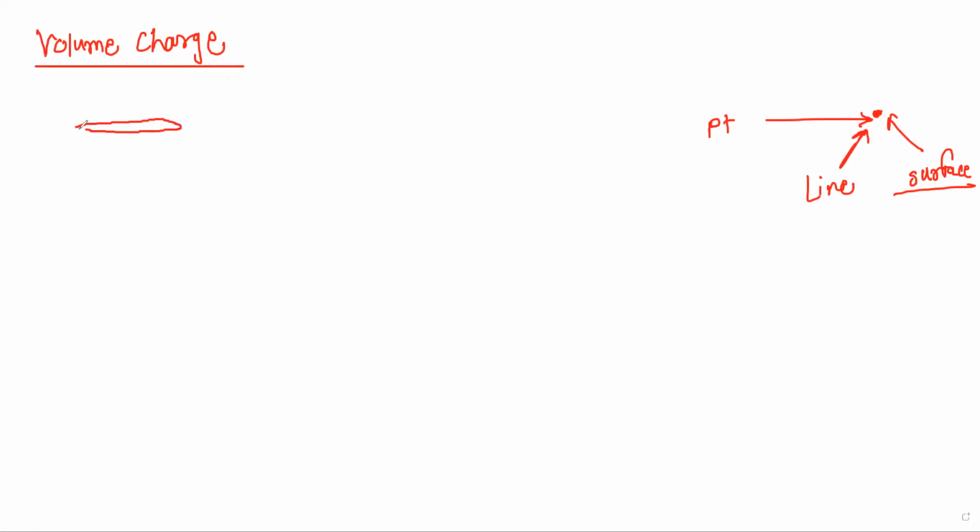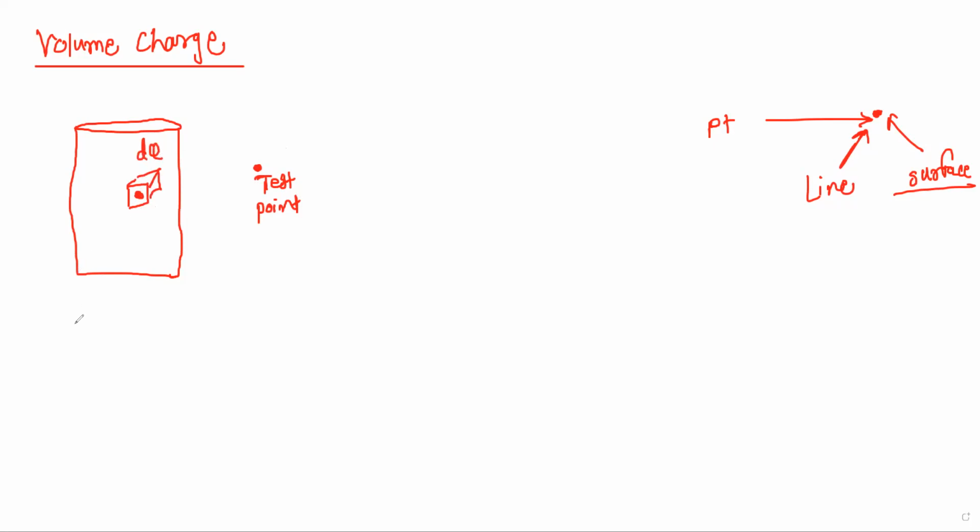So let us assume this is a volume, and because of this volume I want the electric field intensity to be calculated at this point. This is your test point. I want the electric field intensity because of this complete volume charge. For that, we have 3 steps. First step is to create dq. So I have created dq here.